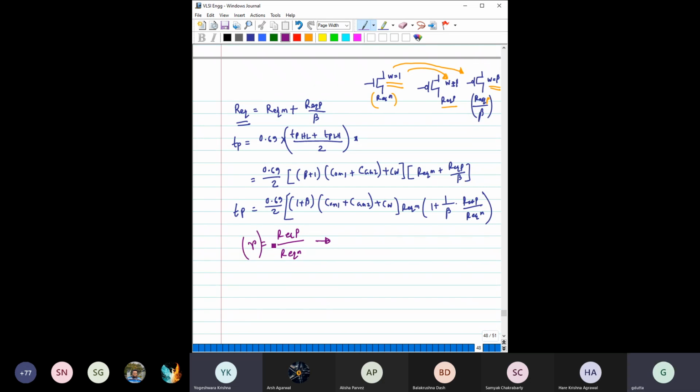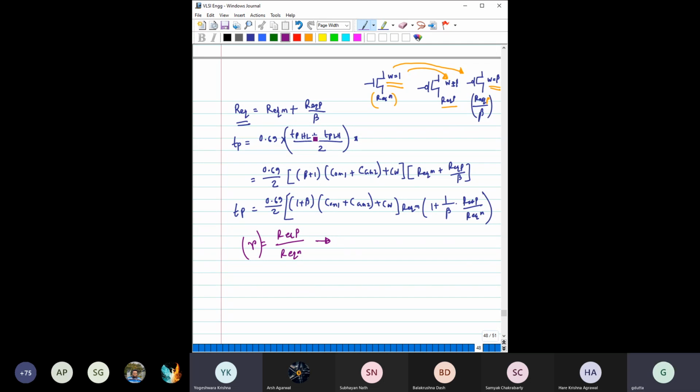This R is the ratio of the equivalent resistance of PMOS by the equivalent resistance of NMOS. WN by WP? Is it correct?